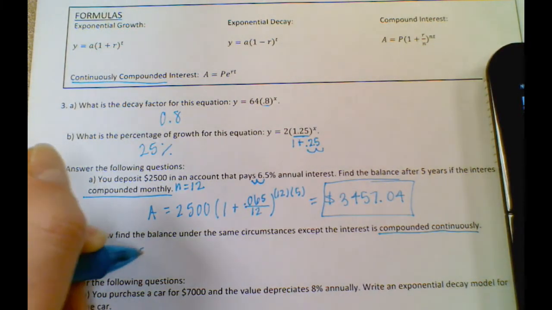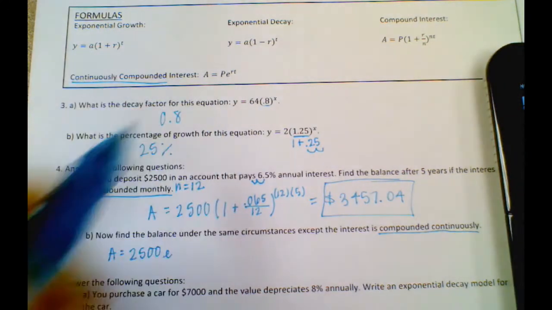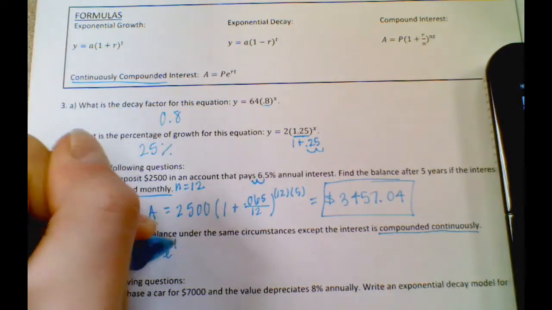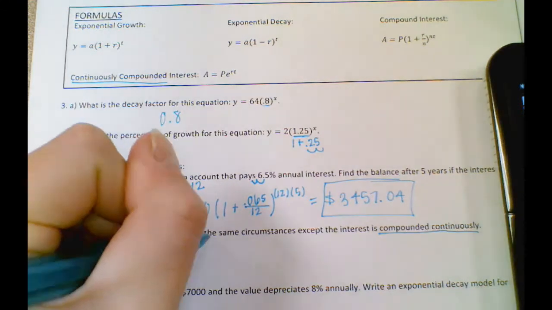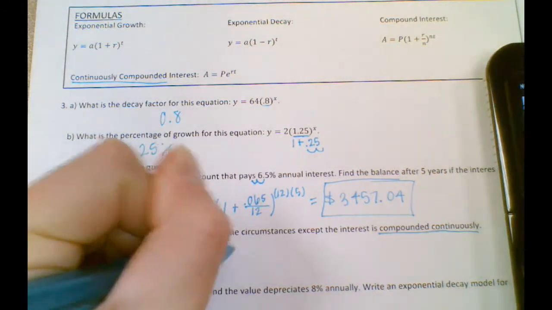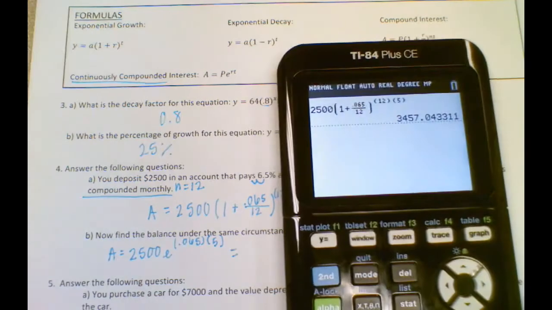The initial amount was $2,500. E, remember E is a number. Don't plug in a number there, please. And then 0.065 was our rate. And then the time was 5 years. We wanted to see what it was like after 5 years. So let's type this in.